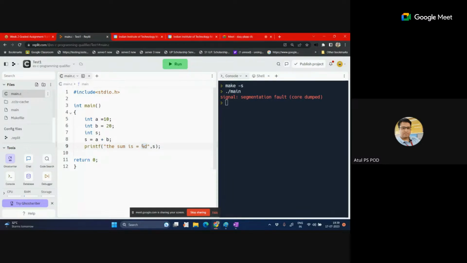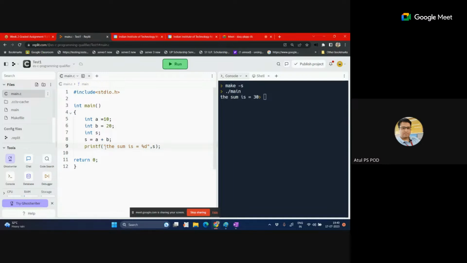We are writing S after the comma, so the value of S will replace this percent d in the string, and you will get the output: the sum is equal to 30. So 30 will come at the place of percent d. You can see the sum is equal to 30.